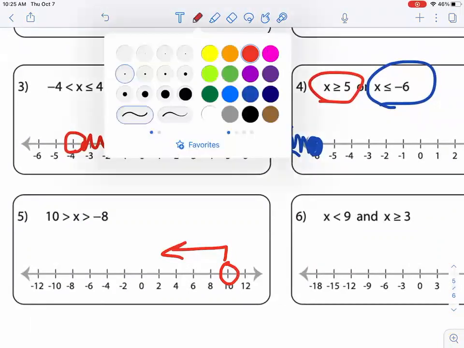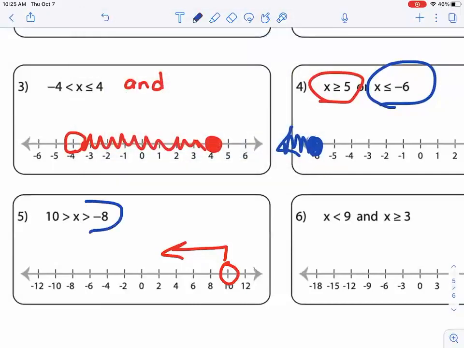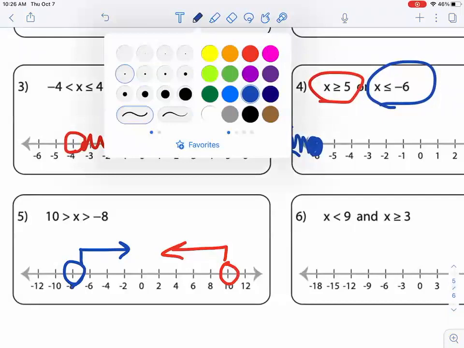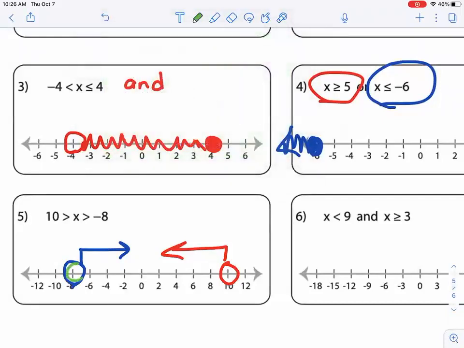I also want to shade stuff greater than -8. So I'll go to -8, put an open circle, and I'm going to shade greater than -8. And so then that means that my answer is going to be an open circle at -8 and an open circle at +10, and all of the stuff in between is shaded.